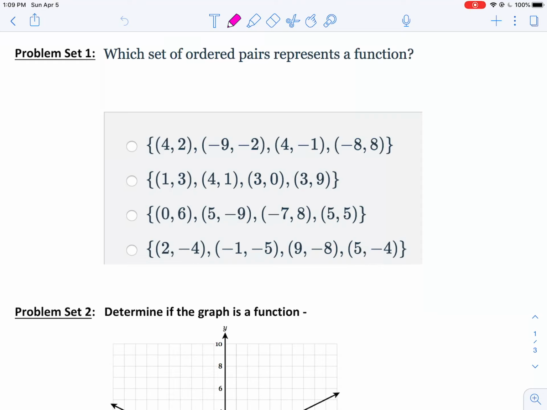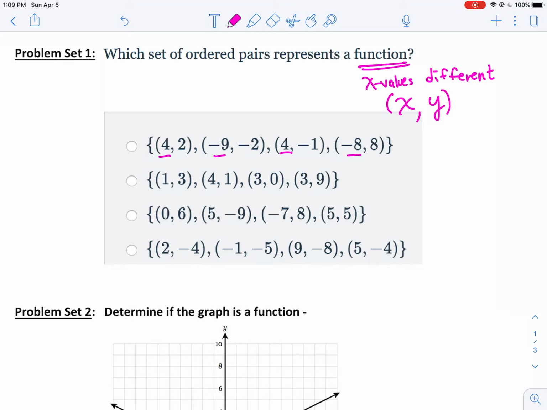So problem set 1 says which set of ordered pairs represents a function. So in order for it to be a function, my x values need to be different. So let's go through and look at my x values. Remember, your x values are the first number in the ordered pair.